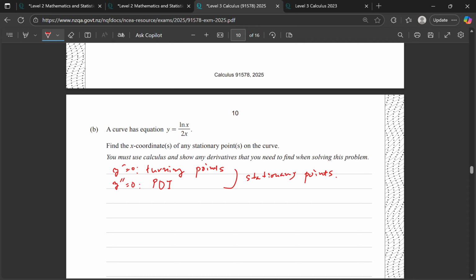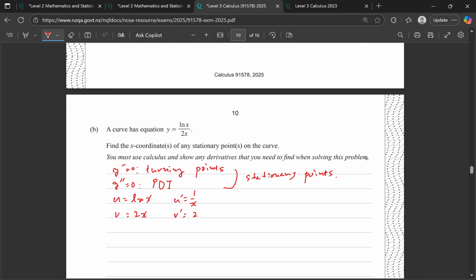That's what we are going to do. So first derivative. I'm going to say u equals ln x, hence u prime equals 1 over x. And v, the denominator, is 2x, and v prime is 2.